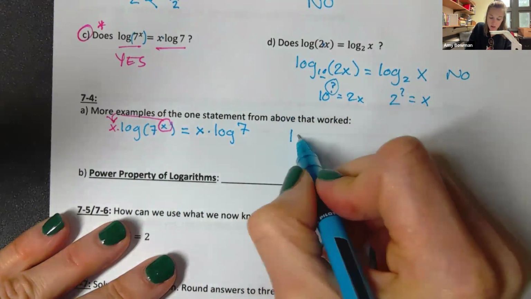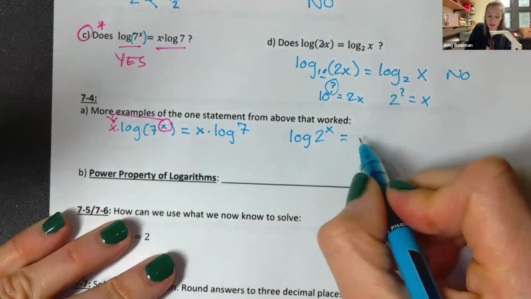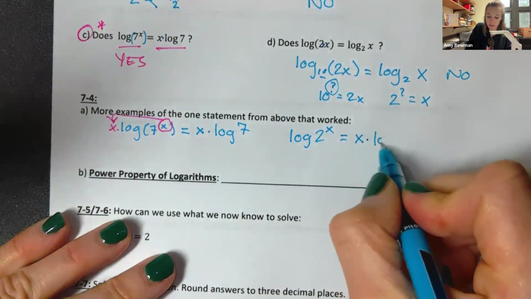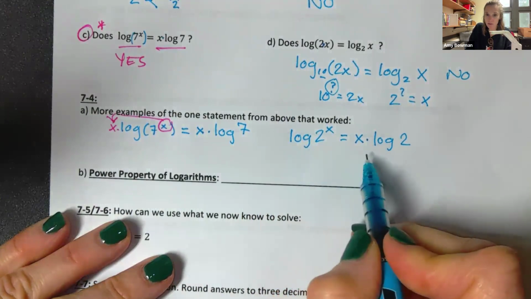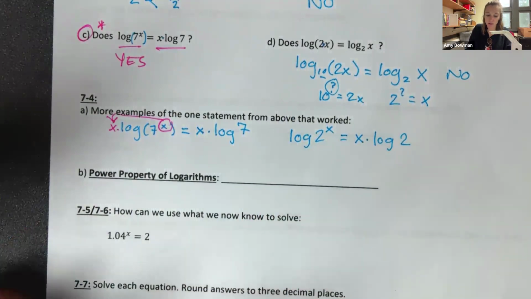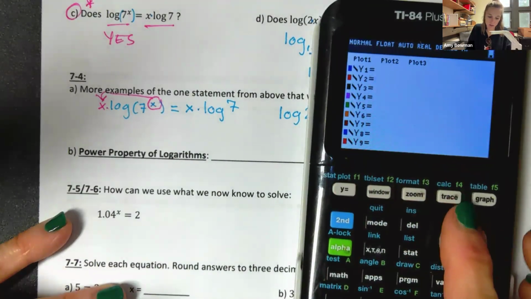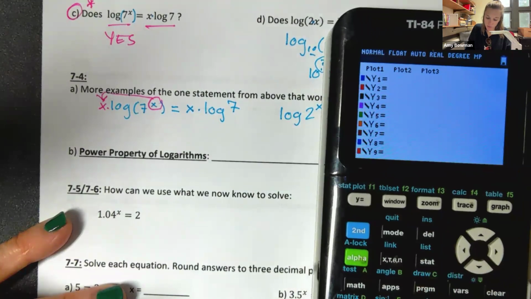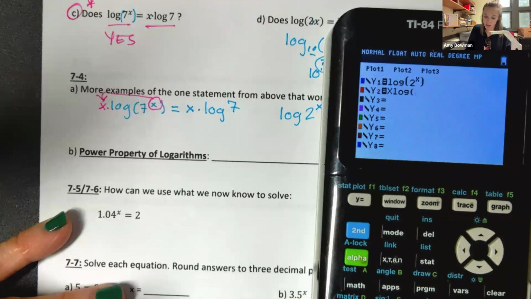What if we did log of 2 to the x? Is that going to be the same as, if I follow the pattern, x times the log of 2? Let's test that. So log of 2 raised to the x, is that the same as, if we bring that x down front, x times log 2.